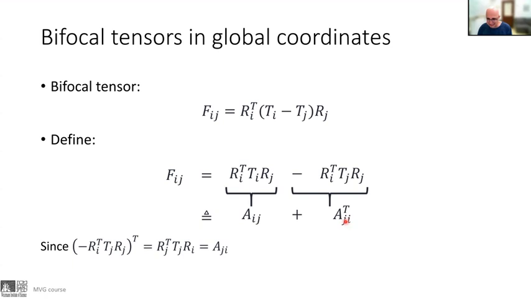First, it's a transpose, and secondly, the subscripts are ji. How? Let's see. If I take this thing and transpose it, I should get Rj transpose, minus Ti transpose, that's plus Ti, and Ri. You agree with me that this thing transpose is this thing?